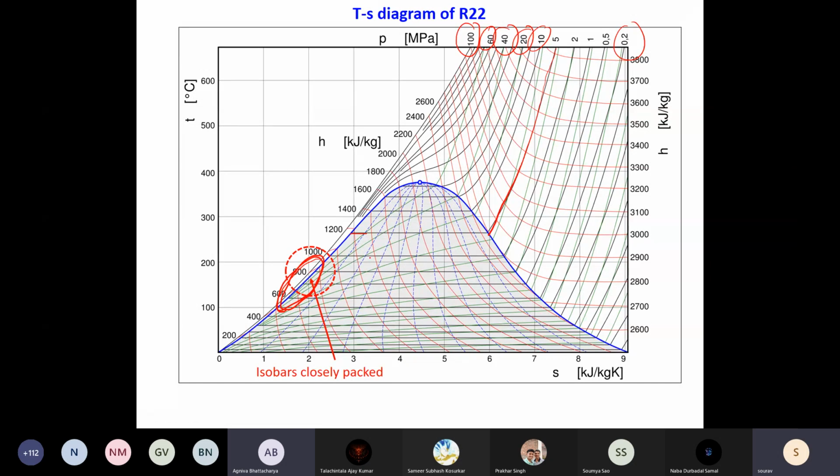Okay, so if I intersect one particular isobar at somewhere this point, and instead of making that F prime, I approximate that F prime with F, I will not be making a huge error in terms of the x-axis.